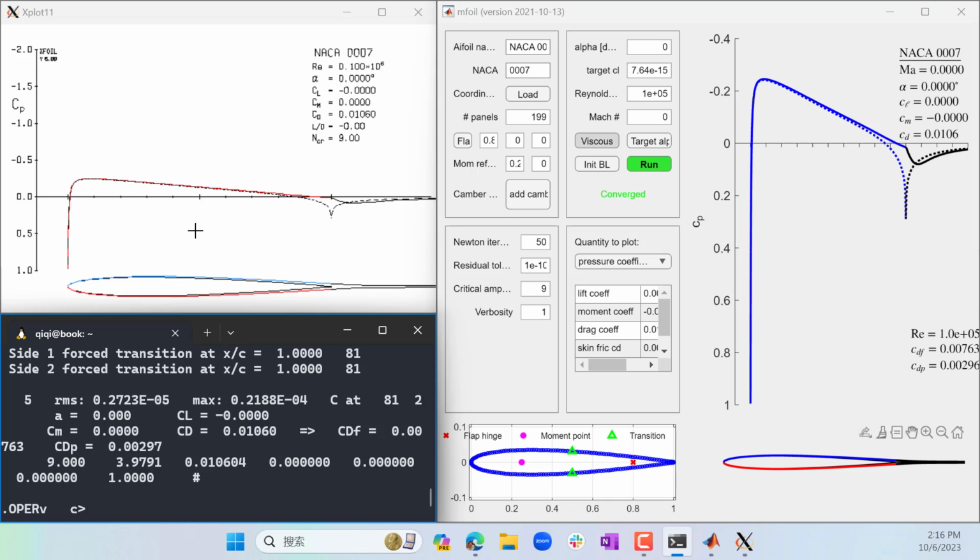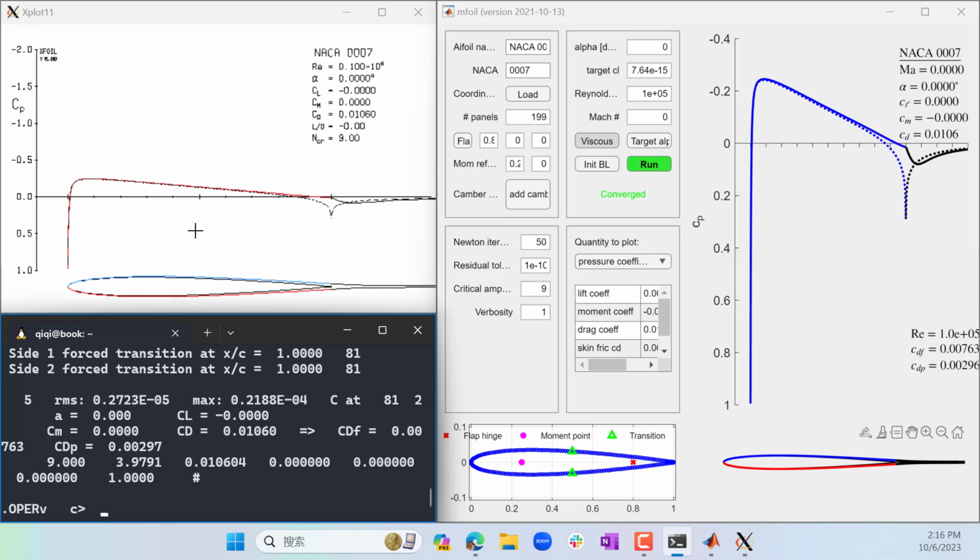Really slow. That's why I'm saying 10 to the 5 is a low Reynolds number. Or if the chord length is 10 centimeters, or 0.1 meter, the flow speed is 10 meters per second. So a Reynolds number of 10 to the 5 corresponds to a small model airplane.